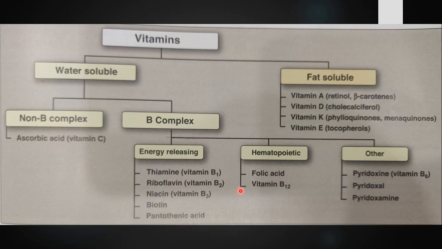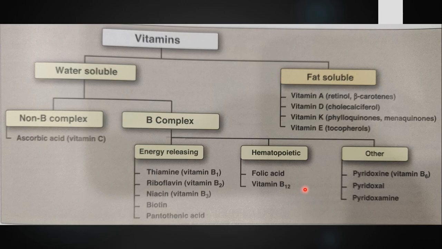Then the second group is the hematopoietic B complex, mentioning two vitamins under this. Sometimes there is a question in the university exam to name the hematopoietic vitamins, and then you have to write down folic acid and vitamin B12.